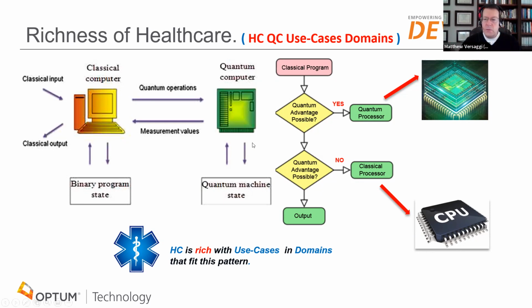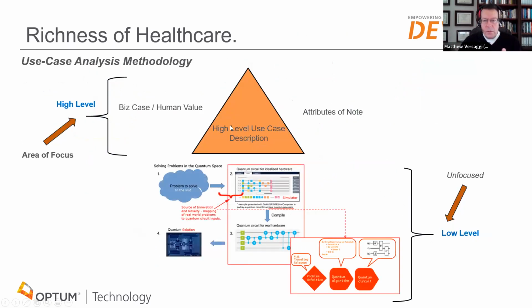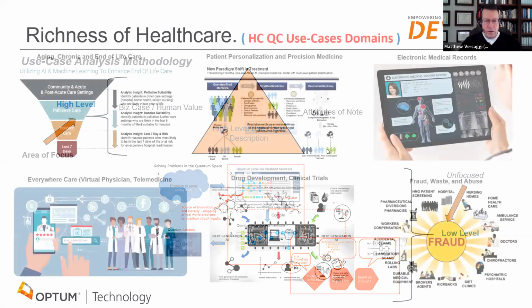And so the kinds of problems we can entertain even get bigger. And when we look at the high level analysis of problems as opposed to the low level, meaning how do I put a quantum circuit on a quantum circuit board to solve this problem, when we combine it with the high levels, then the aperture even gets larger of the kind of problems we can solve. And so here they are.